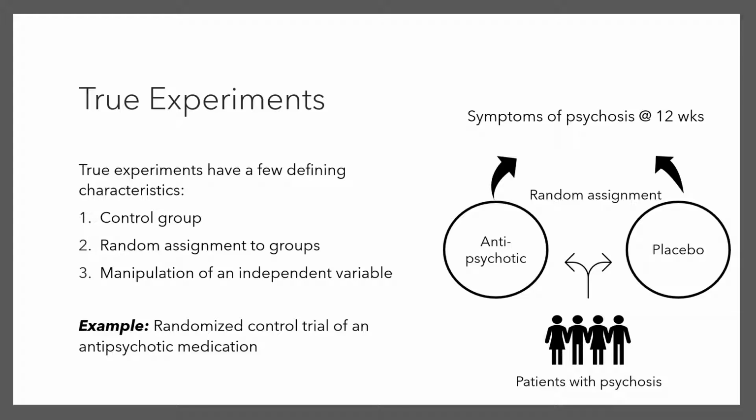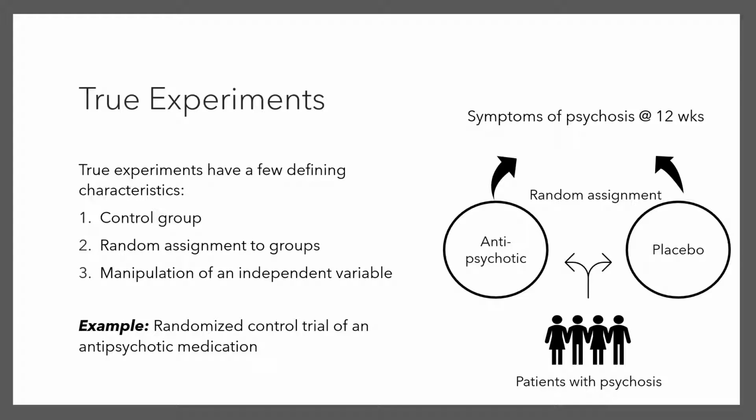Let's take an RCT that's investigating the efficacy of a new antipsychotic medication for an example. Patients with a diagnosis of psychosis and active symptoms will be randomly assigned to one of two groups. One group will take the new antipsychotic and the other group will take a sugar pill placebo. Both groups will take their medication for 12 weeks.